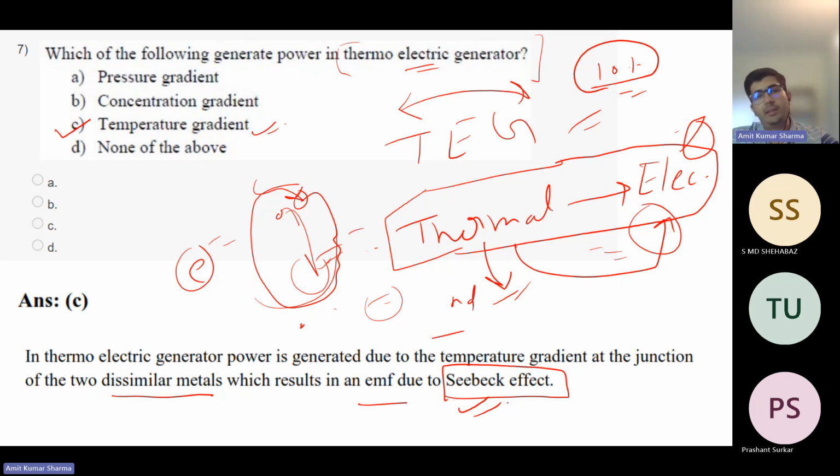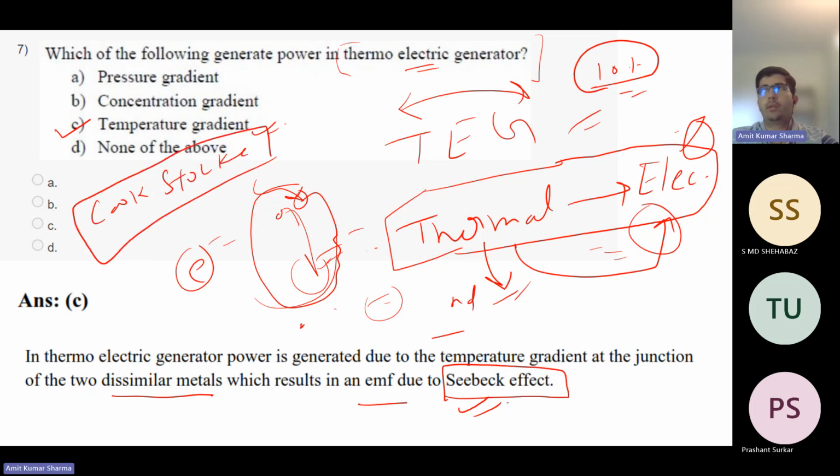At IIT Delhi, many of my colleagues are developing thermoelectric cook stoves. What they are doing actually, in rural areas, you know there is a lack of electricity, but they are still cooking.